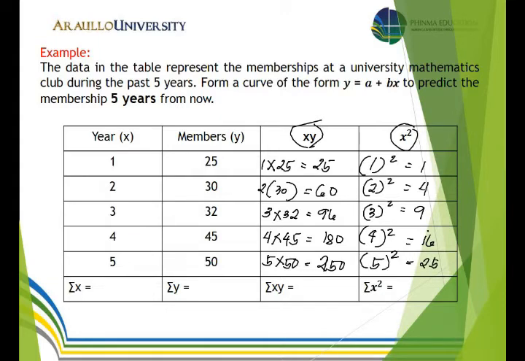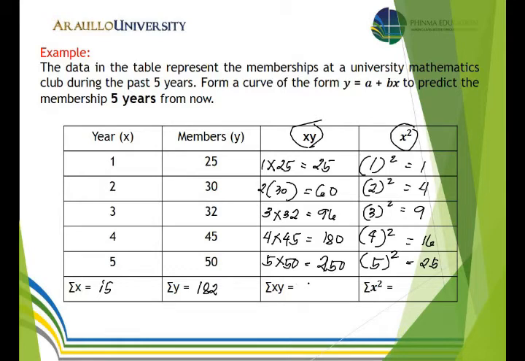Based on the formula, we need to get the summation of x, summation of y, summation of xy, and summation of x squared. Let's start with summation of x: 1 plus 2 plus 3 plus 4 plus 5 is equal to 15. Summation of y: 25 plus 30 plus 32 plus 45 plus 50 is 182.